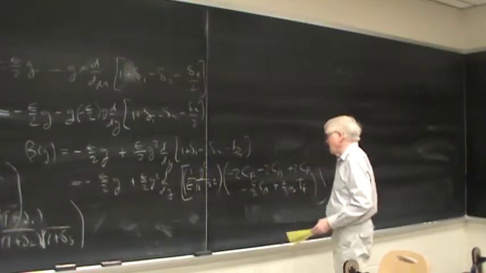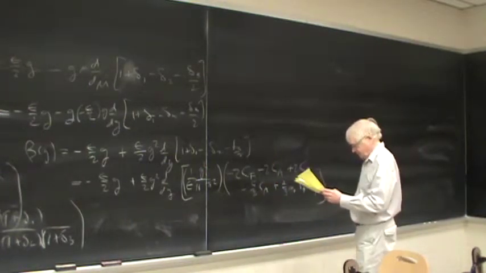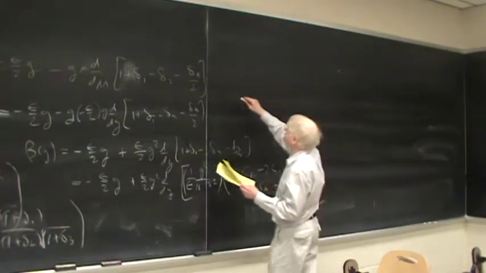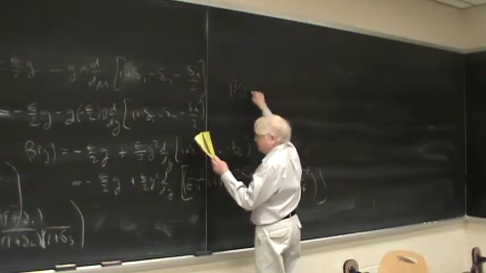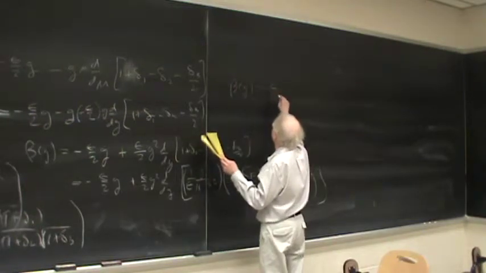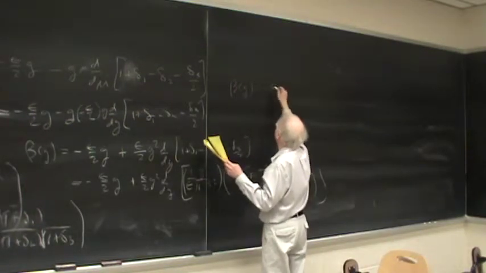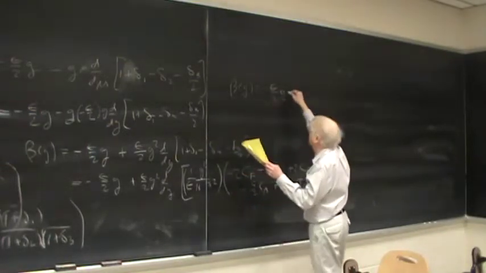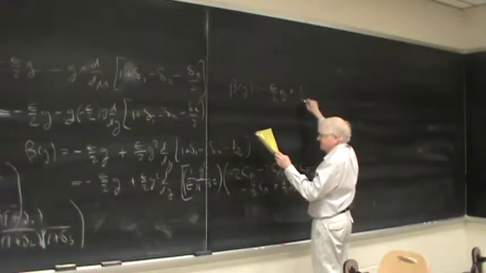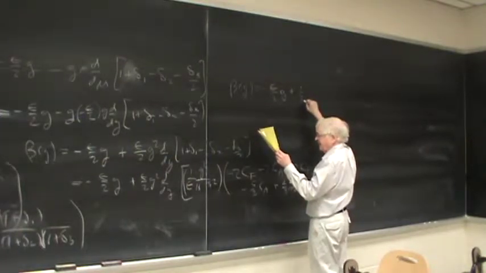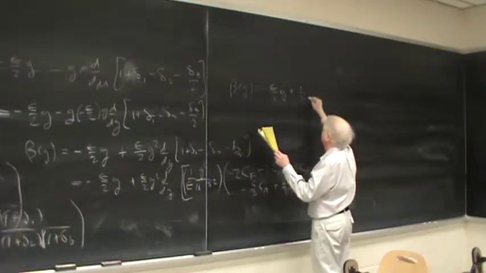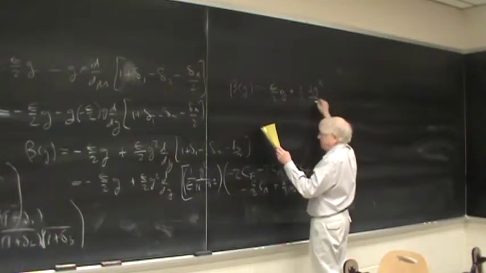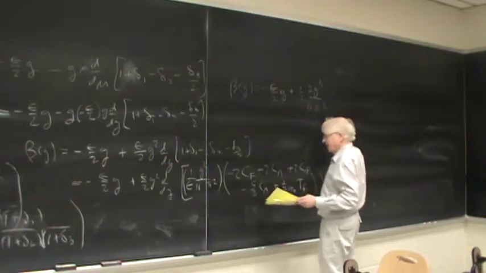All right. Now, obviously, many of these things cancel, and so what we get is beta of g is minus epsilon over 2 g, plus the epsilons cancel, so we get a half times 2g cubed over 16 pi squared.